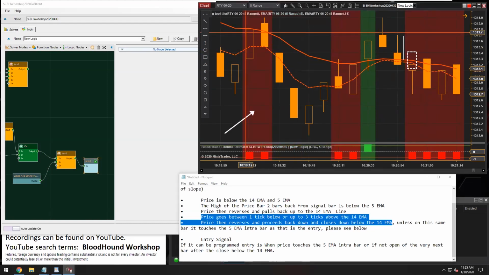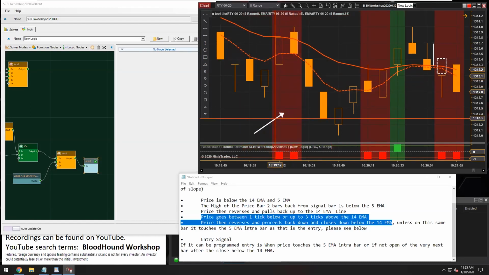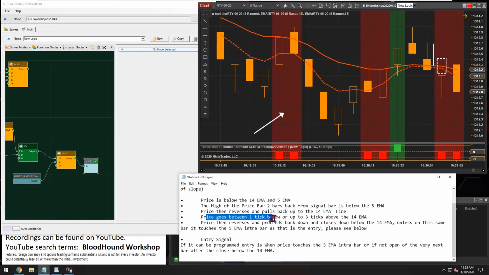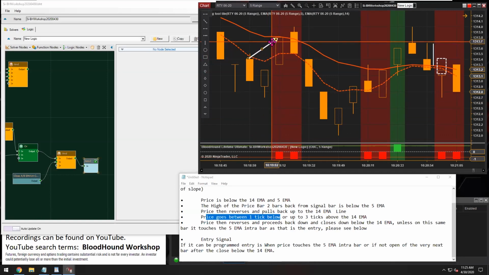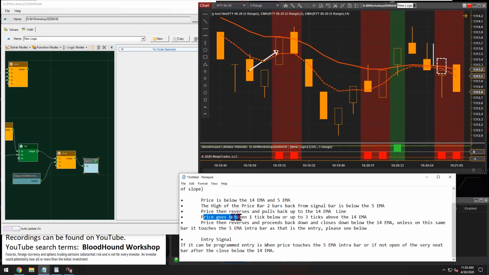It's good that we check this. I'm just evaluating how this is written again. We need to eliminate these up bars. This up bar doesn't meet this requirement: price then reverses and proceeds back down.